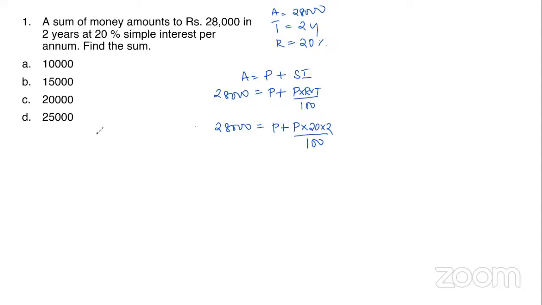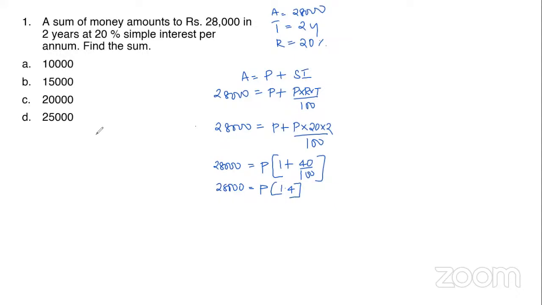So 28,000 will be equal to P into 1 plus 20 into 2 by 100. What is 20 into 2? It is 40. So 40 by 100 will be 0.4. So 1 plus 0.4 will be 1.4.